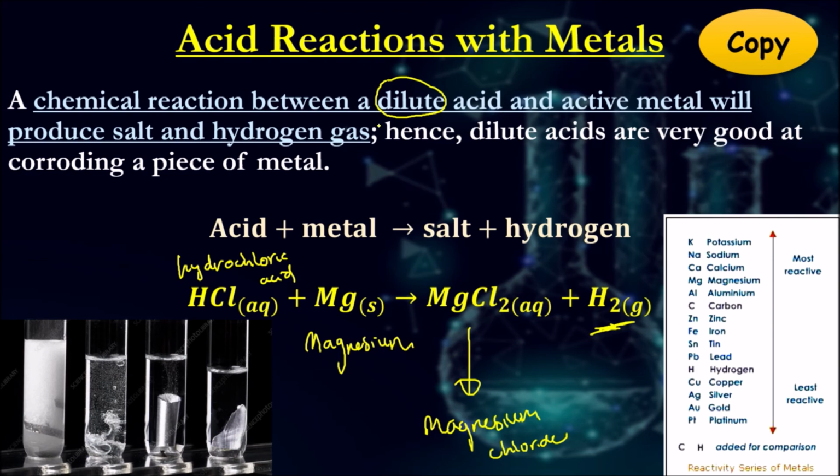One of the things I might want to mention is acids are really good at corroding metal if it's diluted, but not all metals. If you have a look at this chart we have here, or even this image here, not all acid metal reactions are equal. You can see some are really fizzy. That fizziness comes from the production of hydrogen gas, and then some don't really react at all. And that comes to this reactivity list that we have here.